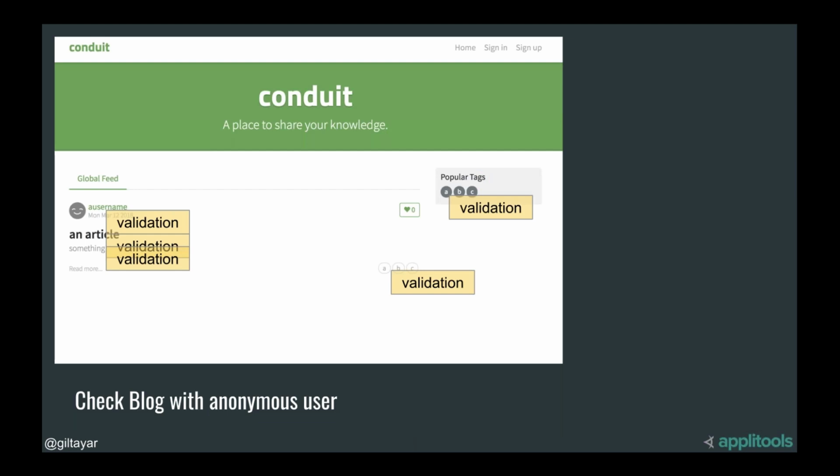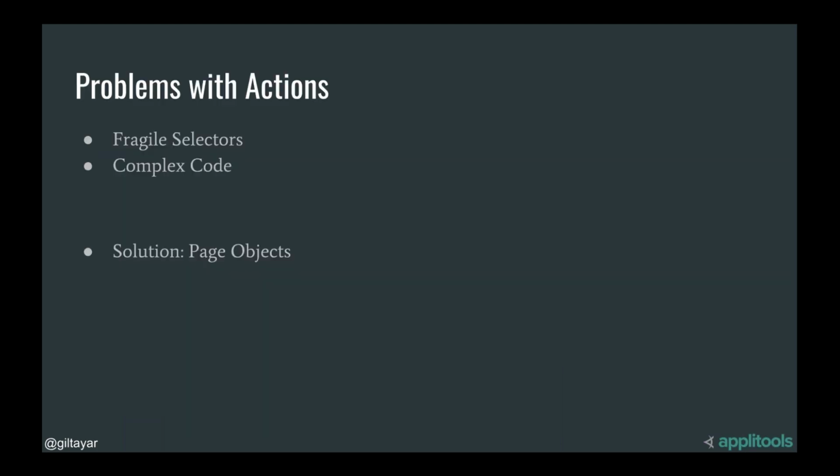So in this example, maybe some other kind of element appeared in the page and is wrong, and we forgot to validate it, or something was added to the page and we didn't know about it, and thus we didn't validate it. So in terms of actions, we know what we need to do, but in terms of validations, there's so much to validate, and we don't know everything we need to validate.